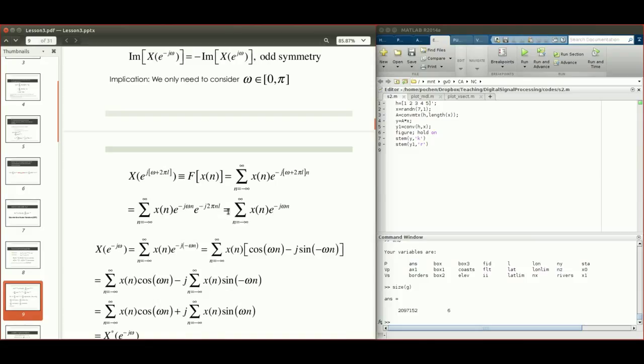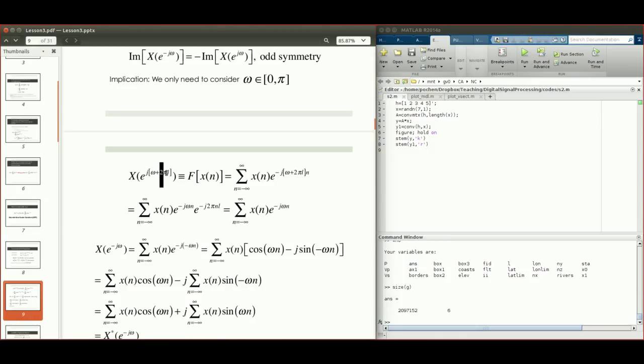Because it's a minus sign, it's cosine 2 pi n L minus j sine 2 pi n L. Cosine 2 pi n L equals 1, and sine 2 pi n L equals 0. So this whole complex exponential is actually unity.